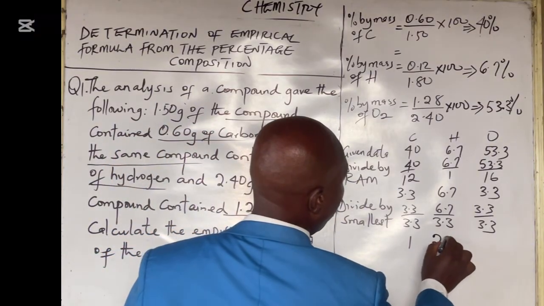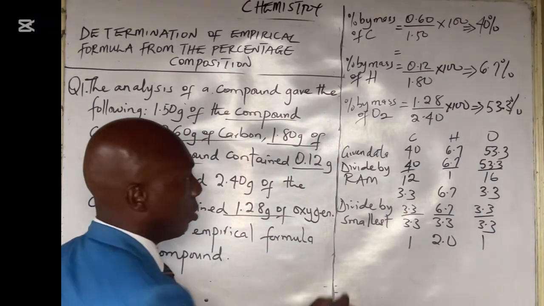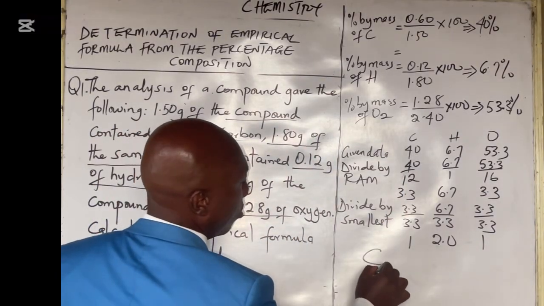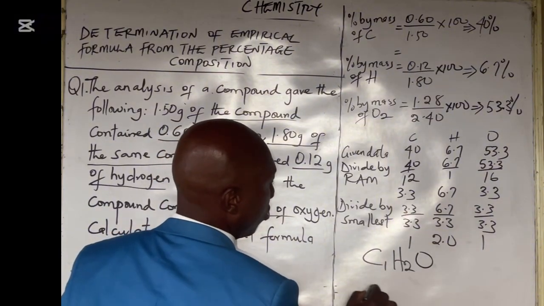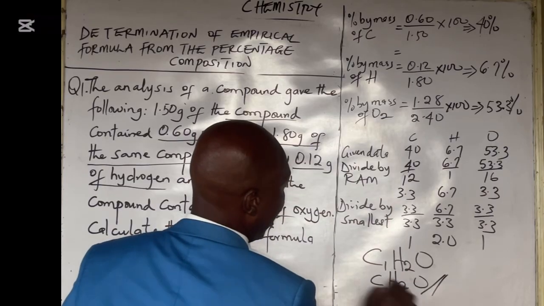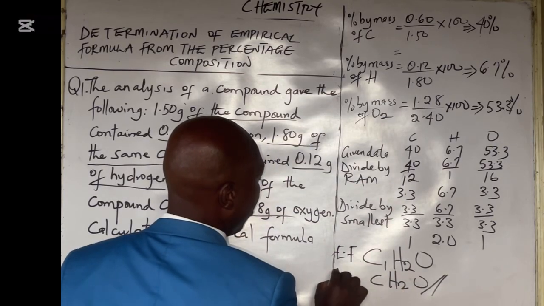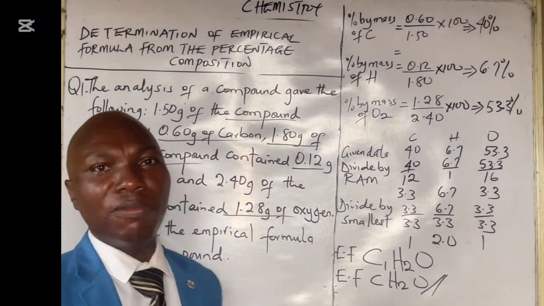And 3.3 over 3.3 is 1. So the formula of the compound: carbon is 1, hydrogen is 2, oxygen is 1. CH2O. That is the empirical formula. The empirical formula is CH2O.